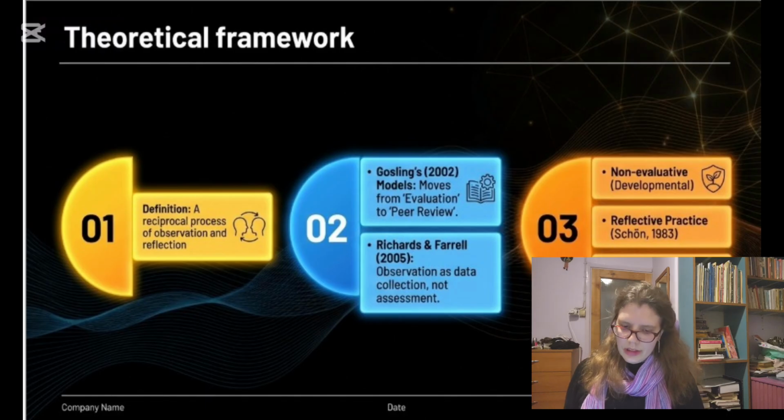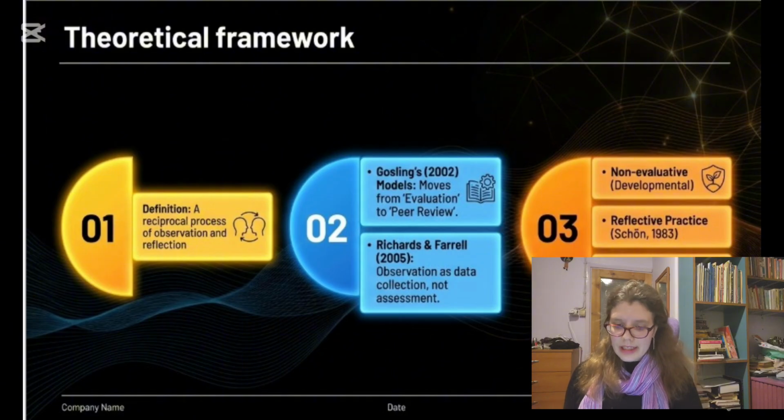Richards and Farrell, in 2005, seminal figures in ELT, position this activity as a form of collaborative inquiry. It shifts the teacher's role from a passive receiver of feedback to an active researcher in their own classroom.